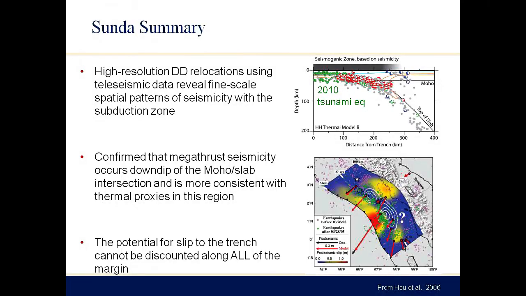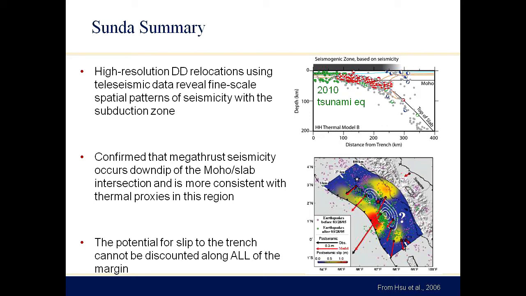For Sumatra in particular, we confirmed that the subduction megathrust seismicity occurs down dip of the Moho slab. So I didn't dwell on this, but in Costa Rica and Nicaragua, we weren't seeing any sort of seismicity down dip of where the Moho intersects the plate interface, and that is not the case here in Sumatra.